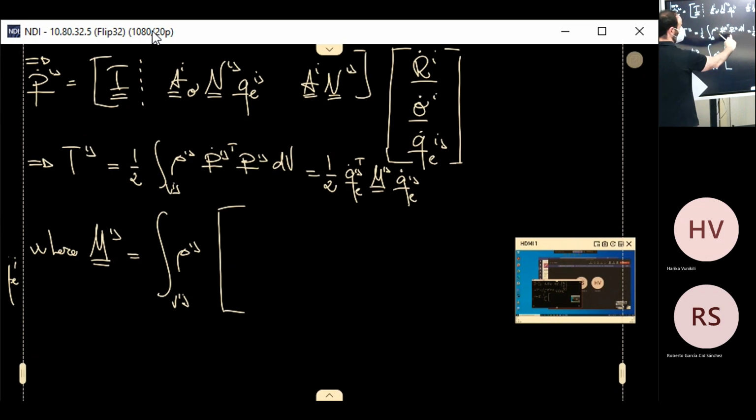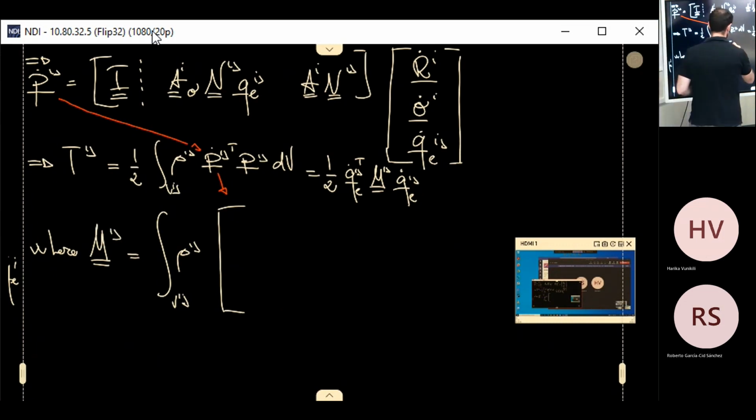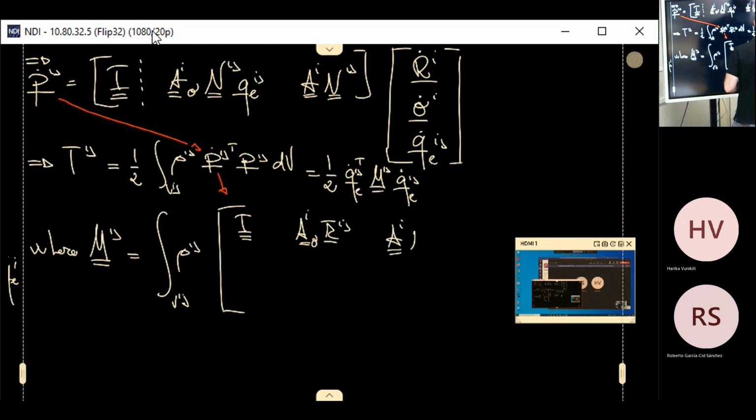And therefore, from the definition that we have here, so from here, and then from here in here, our mass matrix is the identity matrix. It's A theta I applied over R bar ij. It's A applied over N ij. It's R ij applied over itself.